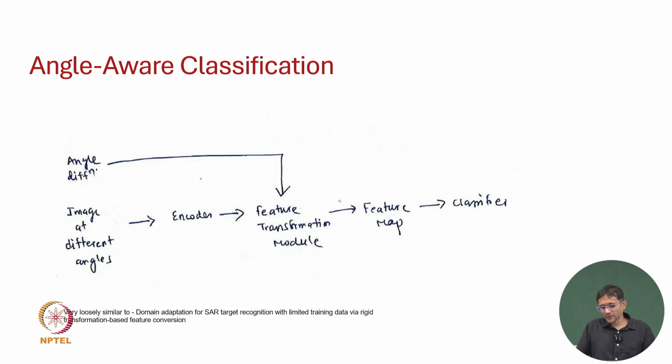So you have the features after the encoder, then the feature transformation module, which takes into account the angle difference information and transforms the features in a way that the feature maps have already accounted for these angle differences, and now you feed these feature maps to the classifier. This aspect will come back again when we talk about applications in one of the subsequent weeks.